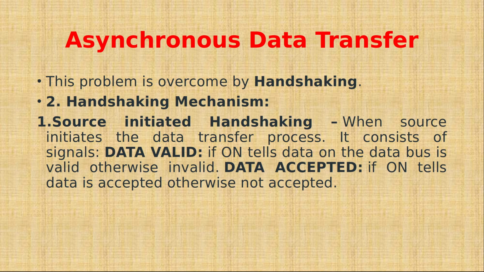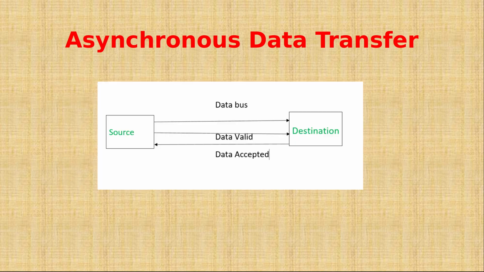This is called source initiated handshaking. Here, after the destination reads the data from the data bus, it gives the data accepted signal to the source. So there is a handshake between the source and destination, and we know very well that the data is transferred between them.